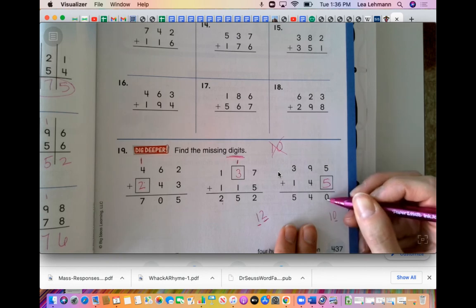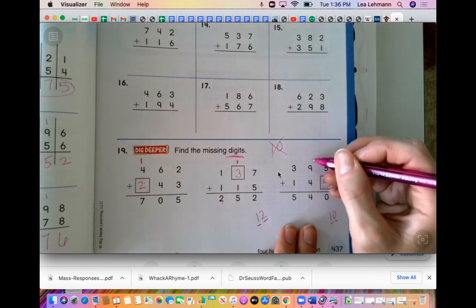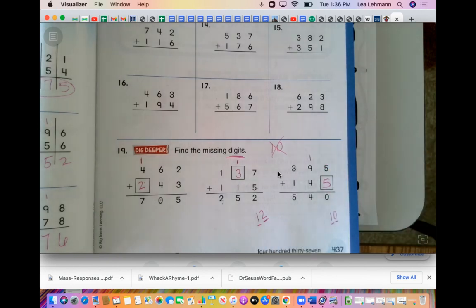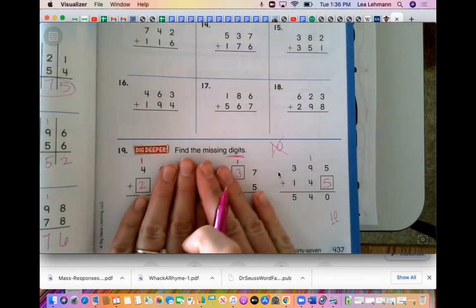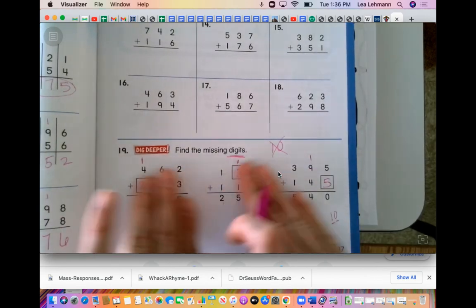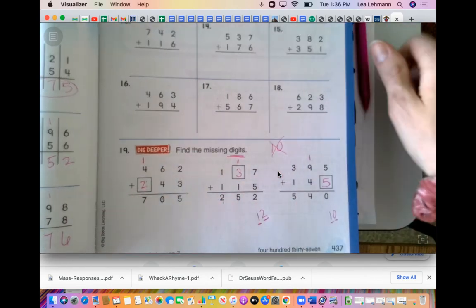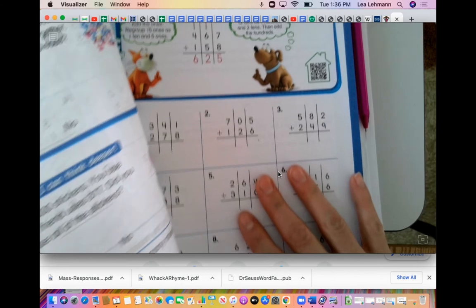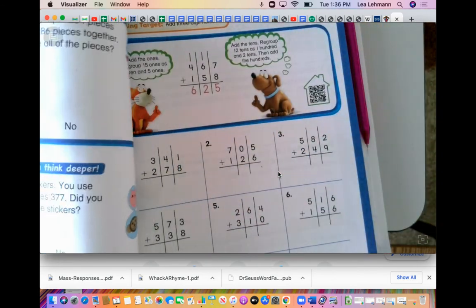My 0 is there. My 1 goes up there. Okay, so this is kind of hard because you have to solve it still. Okay, all right, turn to your next page. Rip out your homework, 9.7, practice.